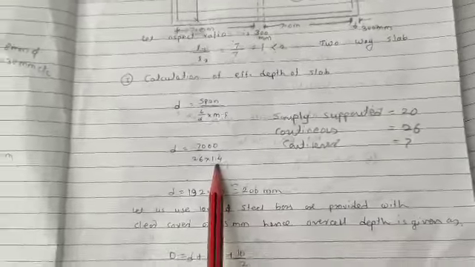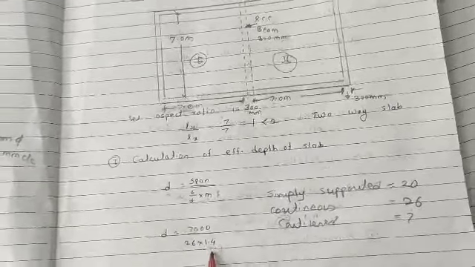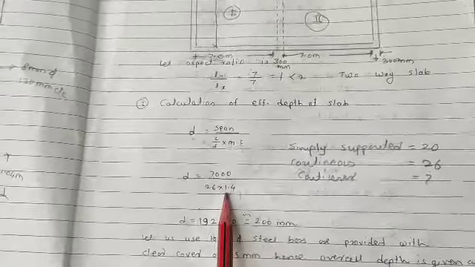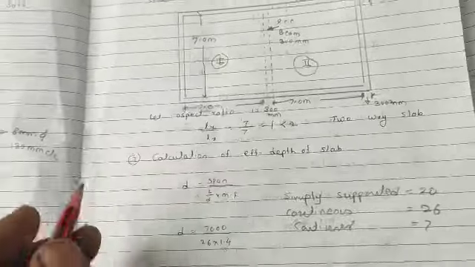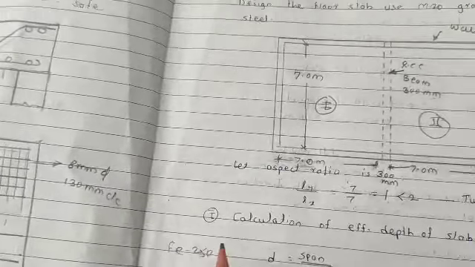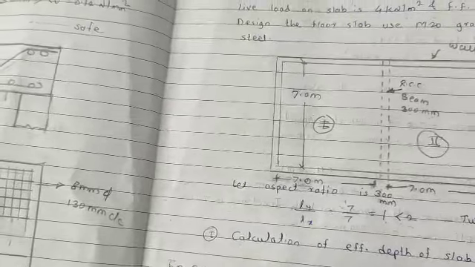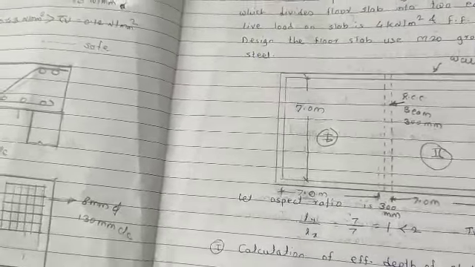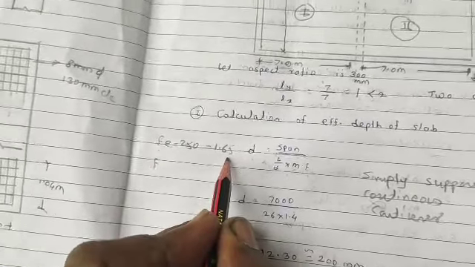And the modification factor MF depends upon the type of steel. If you are using Fe250, then the modification factor is 1.65.